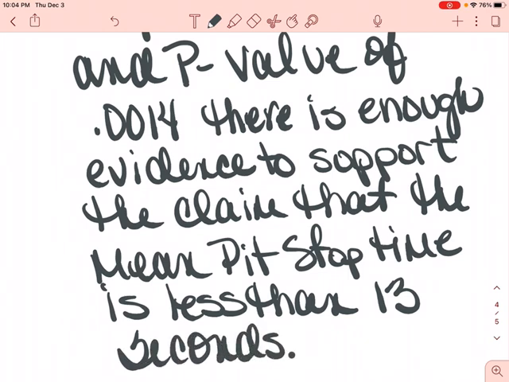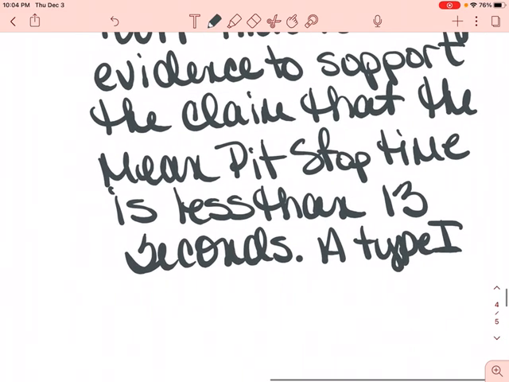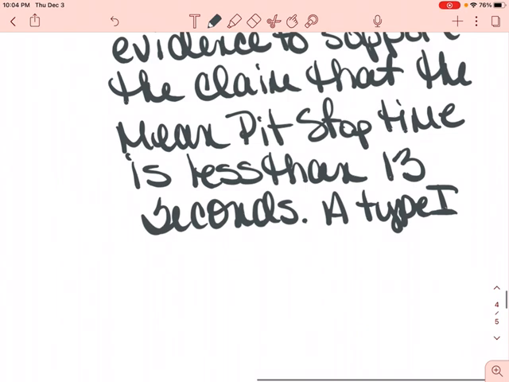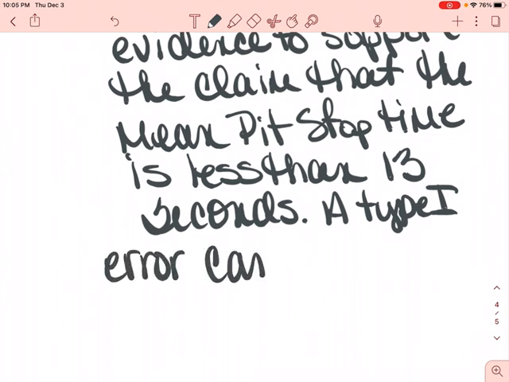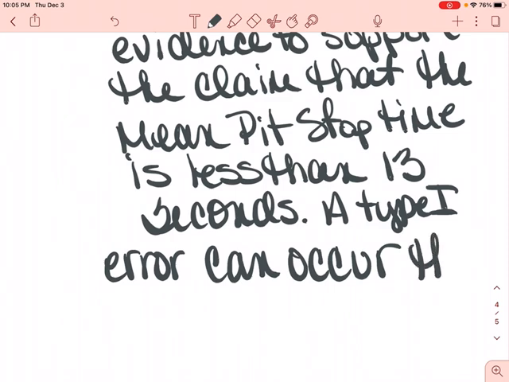Okay, now we're going to talk about the type of error. Type 1 error can occur, okay, so I'm putting together what we did the other day with the errors. Now here's how I worded it.